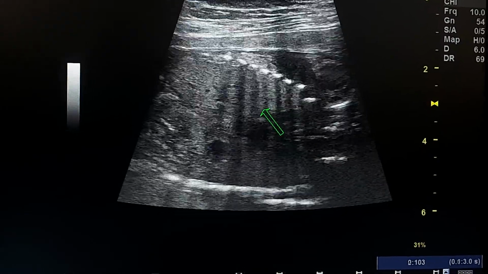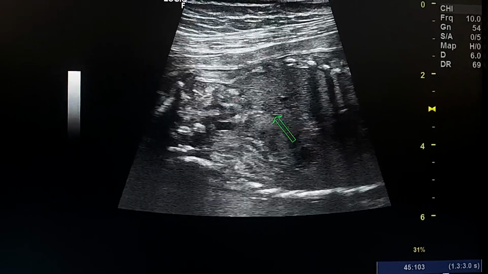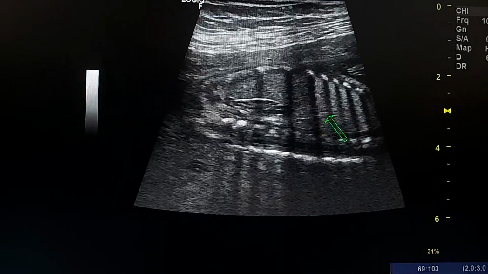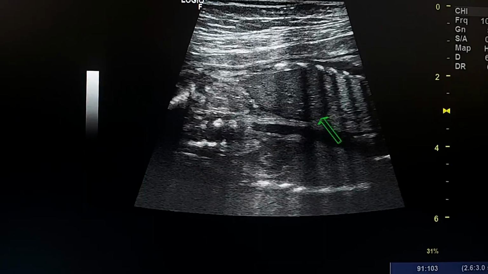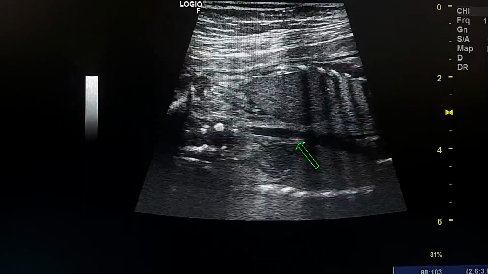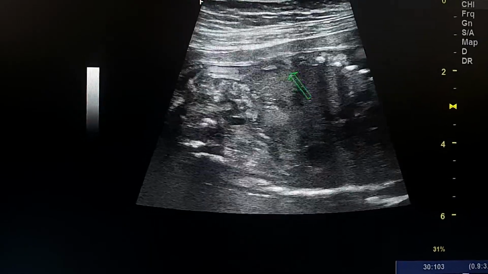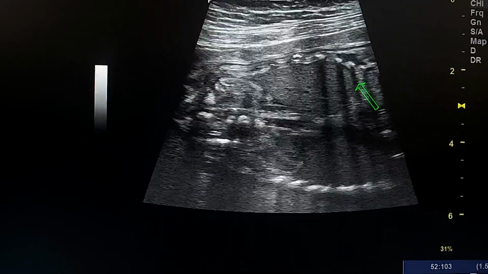Lying down adrenal sign. This is a longitudinal section across a fetus with bilateral renal agenesis. This is the spine. This is the ribs.